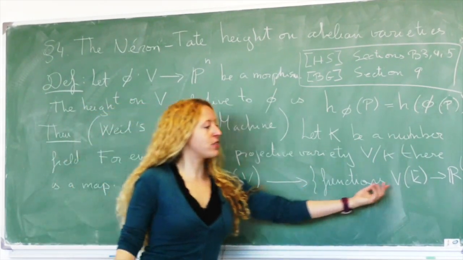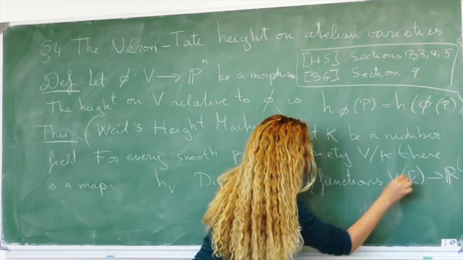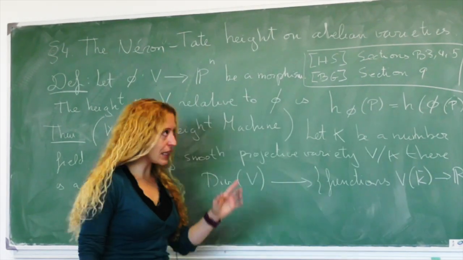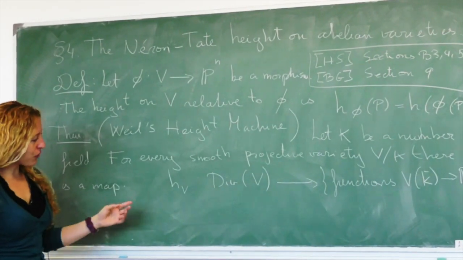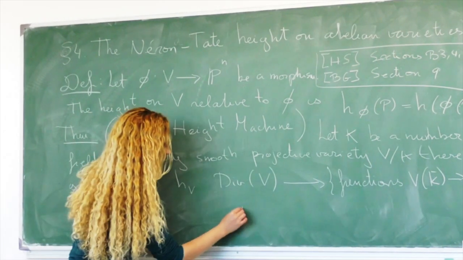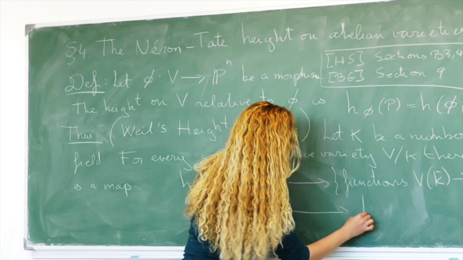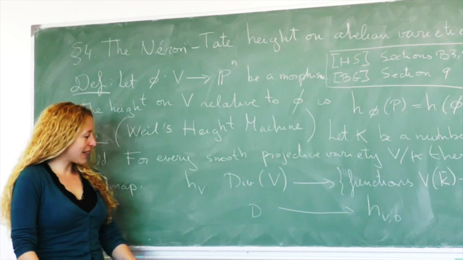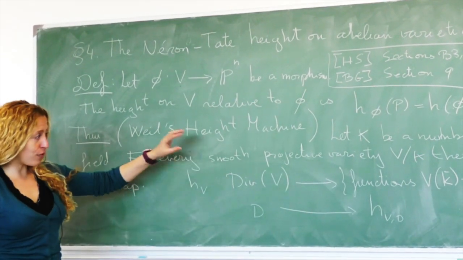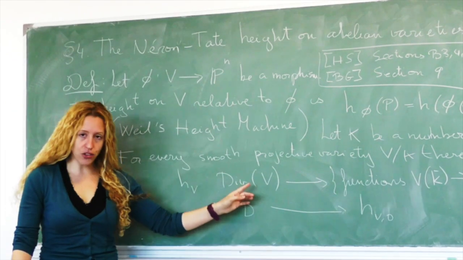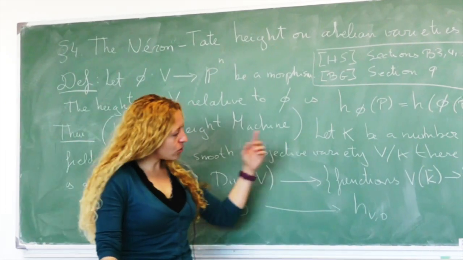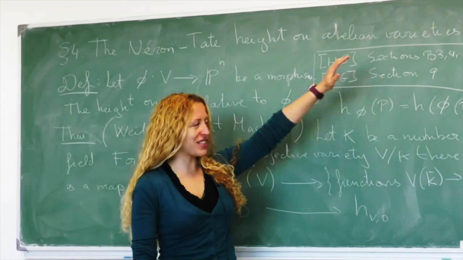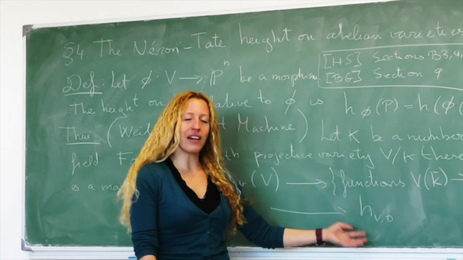Those functions are the heights. So this result is telling you that given a divisor D, we denote the function by h_V,D. So basically, we start with our variety V, and given any divisor on V, we are able to produce a height.